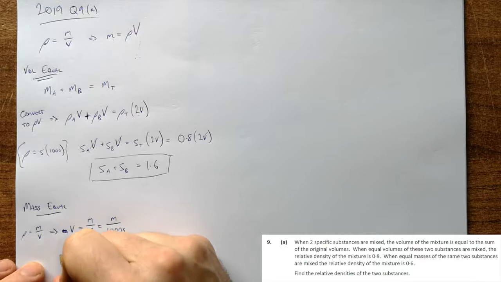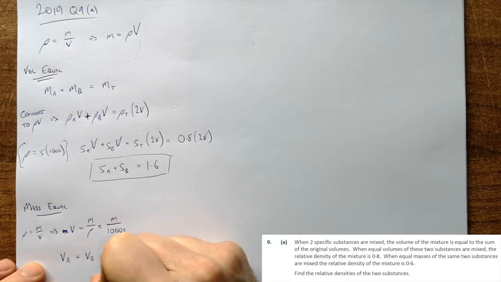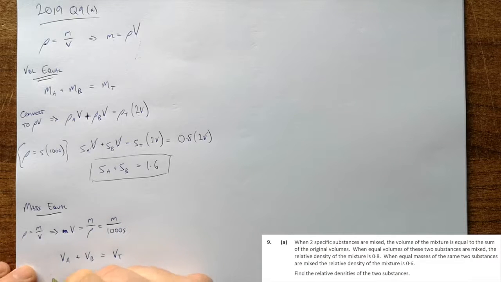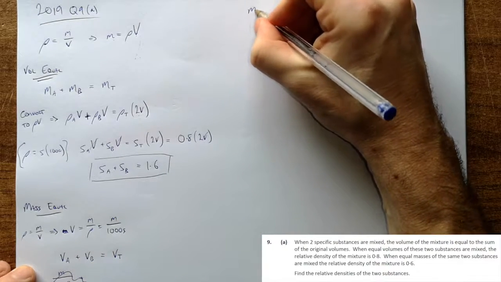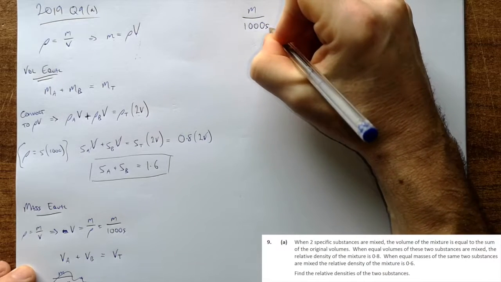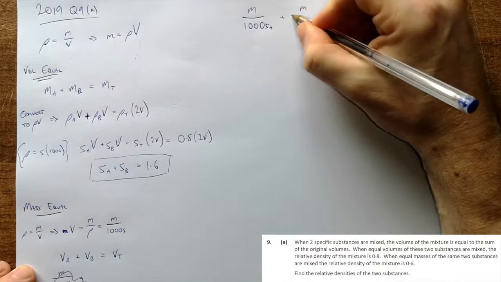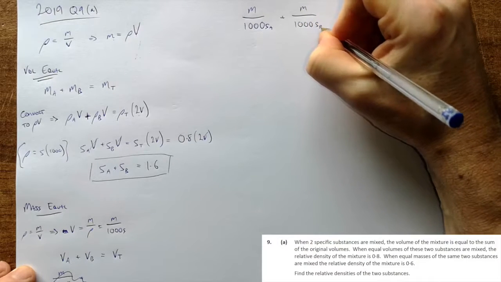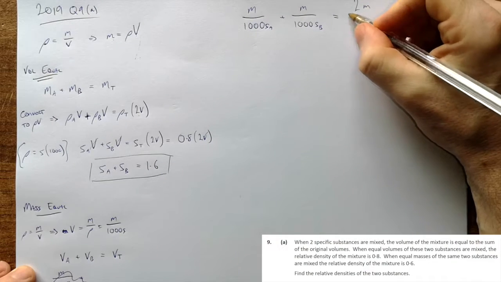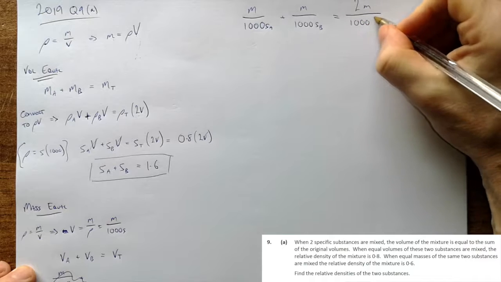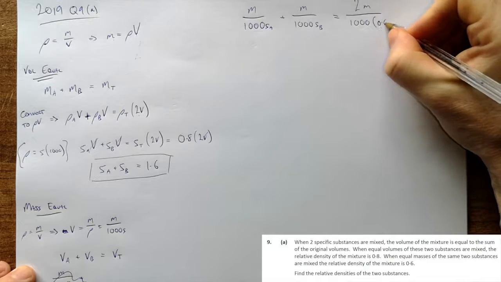So we can say the volume of A plus the volume of B is the total volume, and that means, converting this over here, we have the mass over 1,000 S_A plus the mass over 1,000 S_B, which is the volume of B. The volume of the total is 2M over 1,000, and we're given this 0.6.